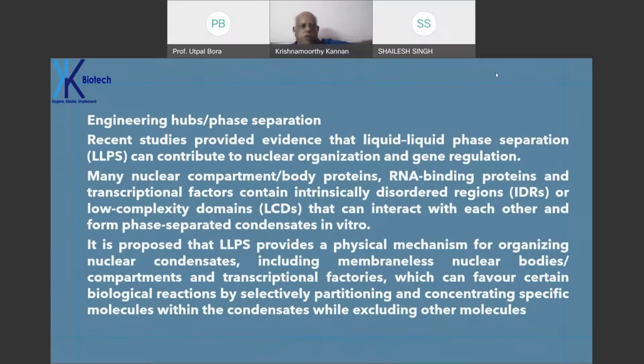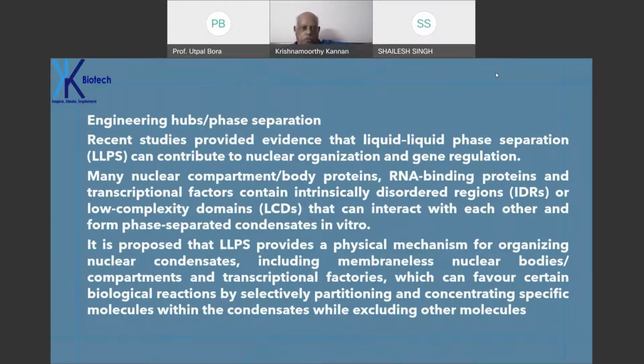Okay, so this is a typical one. Nuclear compartments of RNA binding proteins intrinsically contain disordered regions, and how they interact is something we have to understand. It's proposed that LLPS provides a physical mechanism for organizing nuclear condensates. What is it? Liquid-liquid phase separation.